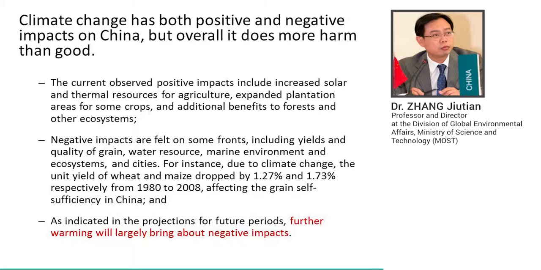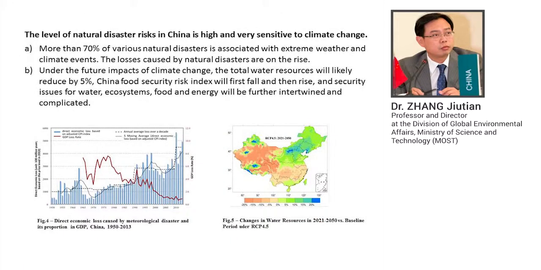And China, like many other countries, is very vulnerable to climate change. The natural disaster risk level in China is higher than in other parts of the globe, and China is very sensitive to climate change. More than 70% of various natural disasters are associated with climate events and extreme weather.